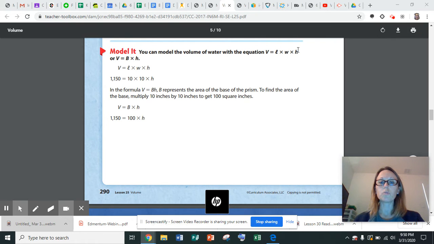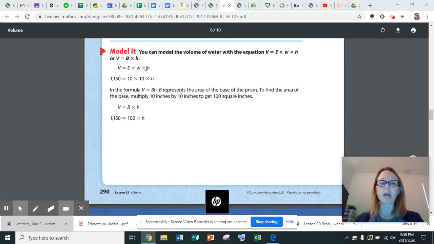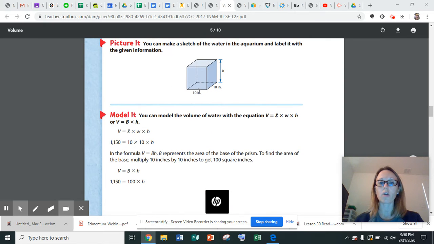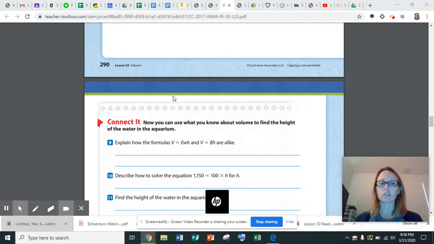That's the standard formula for volume. But you can also use base times height because you can take the area of the entire base and then multiply it by the height. So you'd have to find the area of the base first, not just the one number in the base.